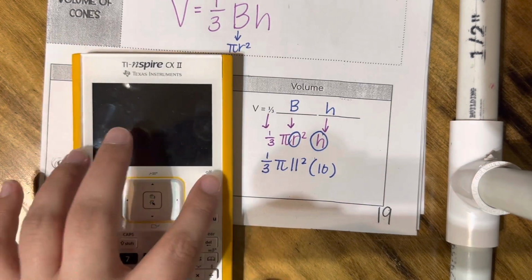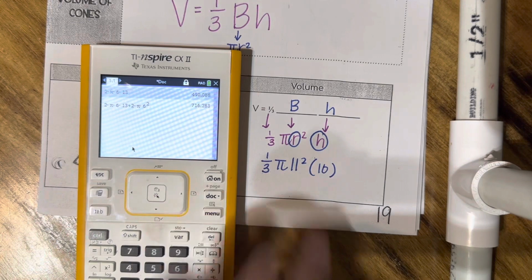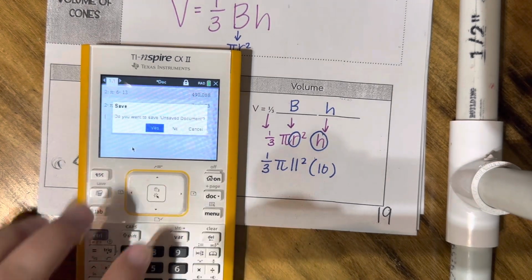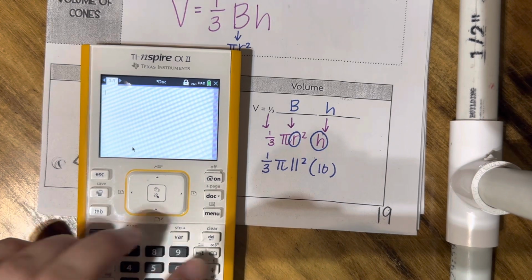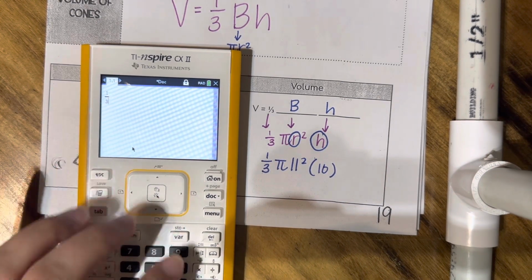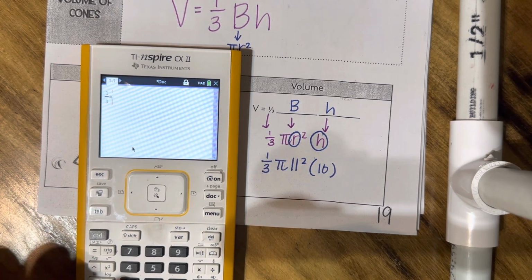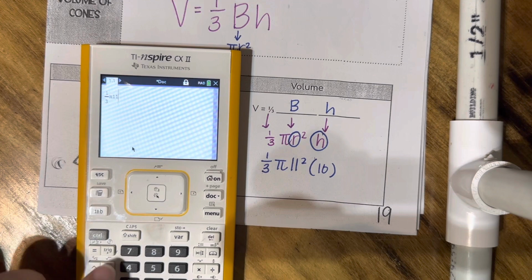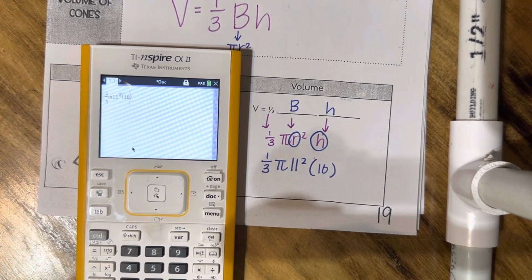I can go into my calculator, and I can type this in exactly how it looks. So I have 1/3 times pi, 11 squared, times 10.